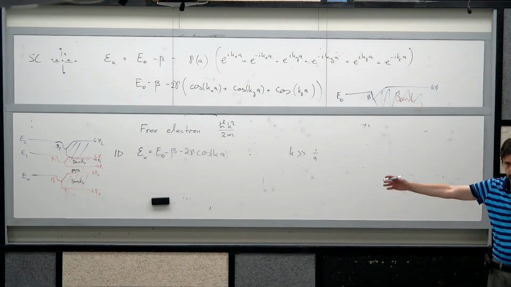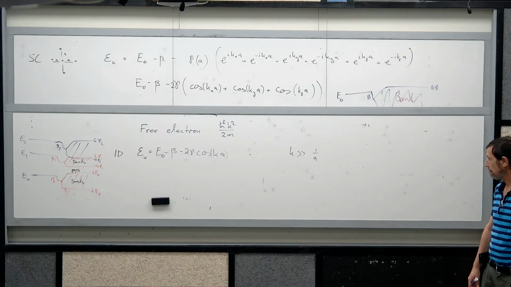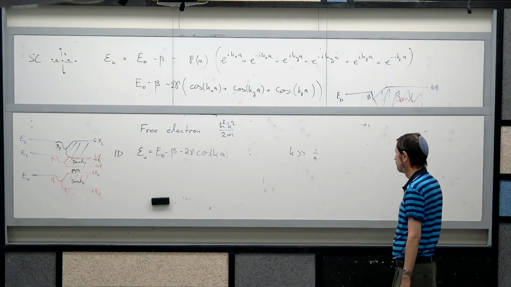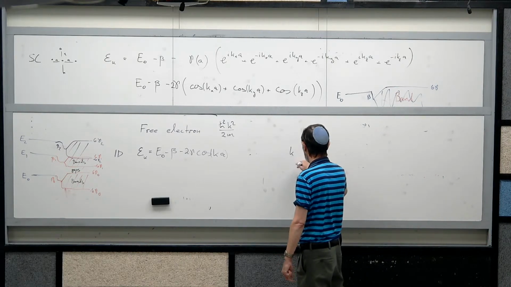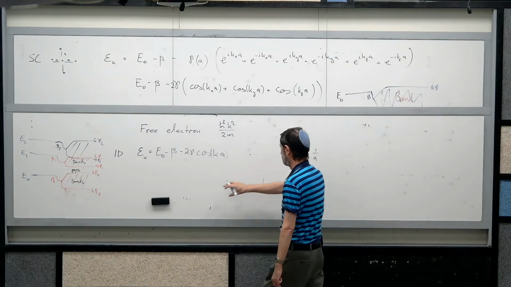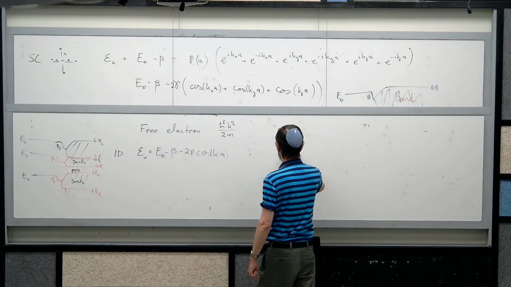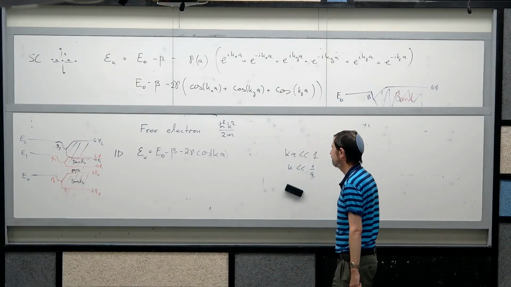Long wavelengths, small energies. So Ka is much smaller than 1. Okay?